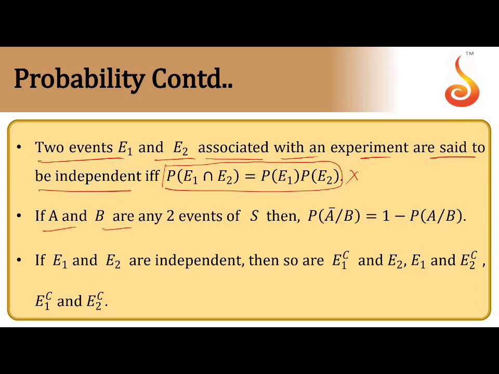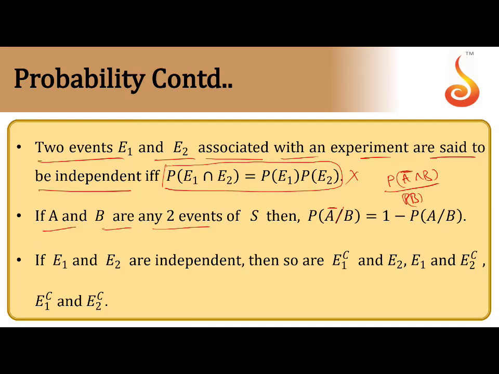Next, if A and B are any two events of S, then P of A bar by B equal to 1 minus P of A by B. How does this come? P of A bar intersection B, the whole divided by P of B, according to the formula.